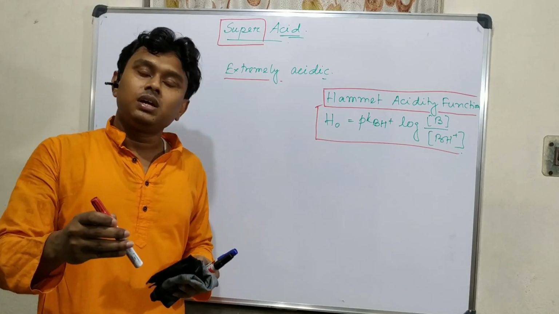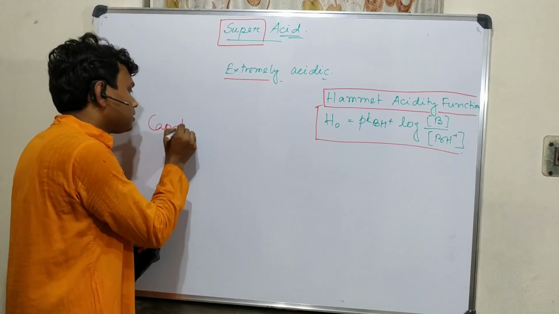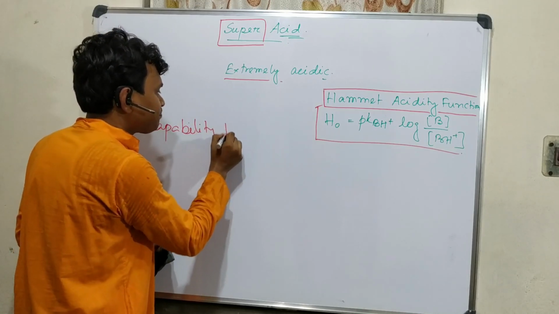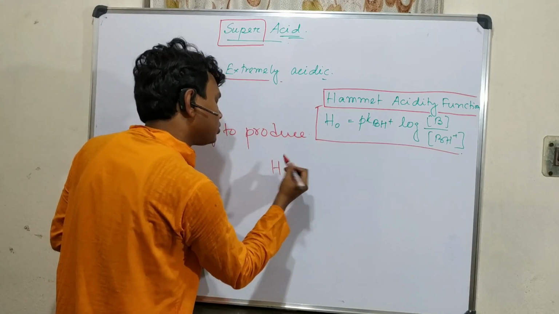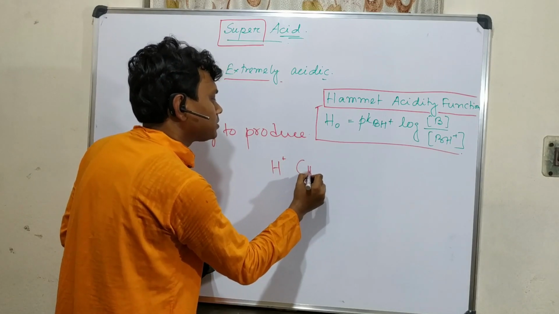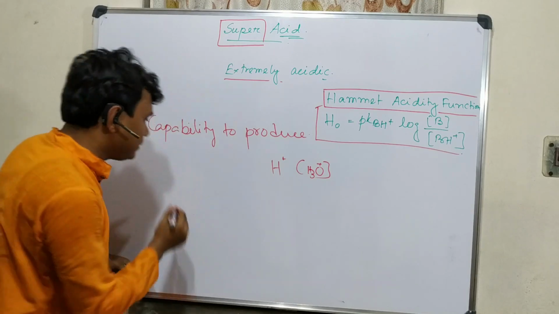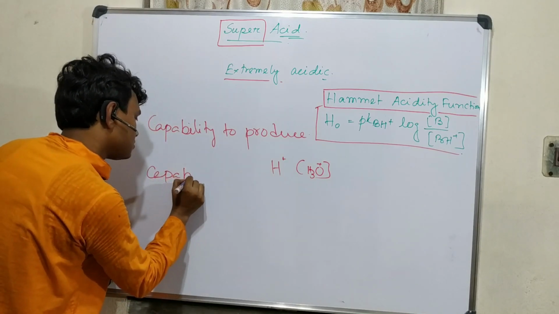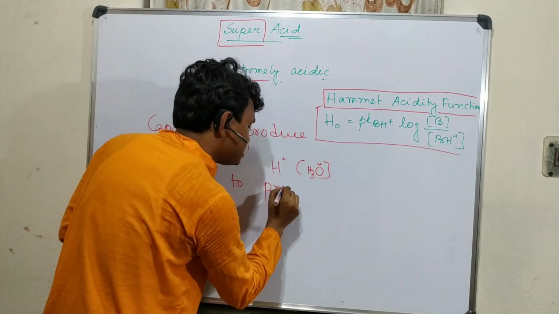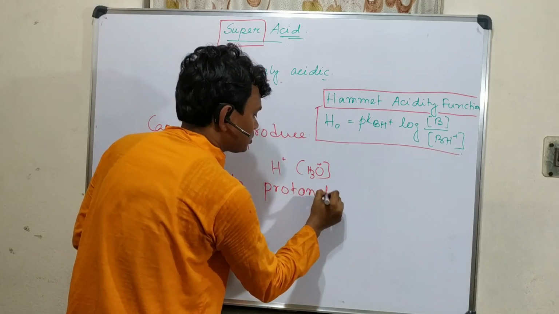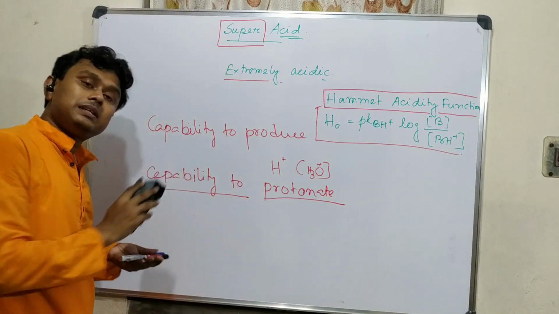It means its capability to protonate someone, its capability to produce H plus, or more precisely H3O plus, hydronium, or give a proton to someone. This is the basic of superacid explanation.